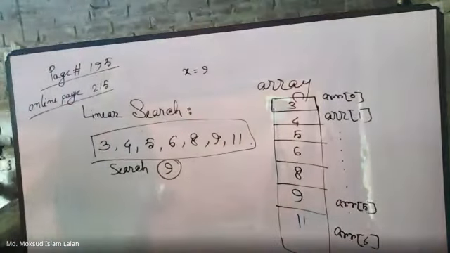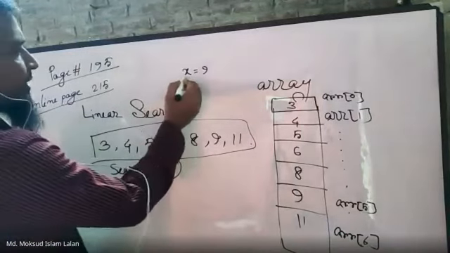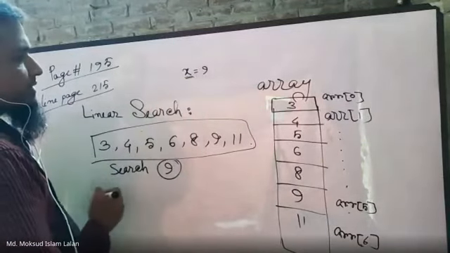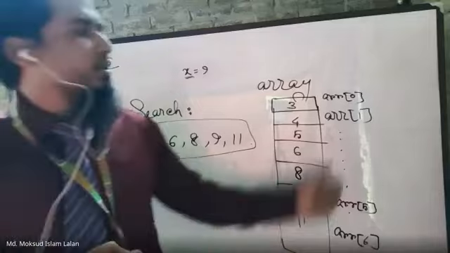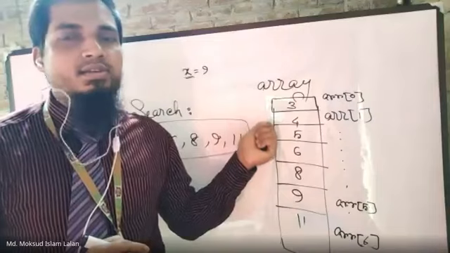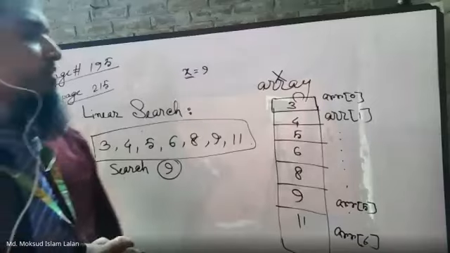Okay, so what is the procedure here? First X. Linear search is related with an array. Linear search, is it related with an array? Are you sure?